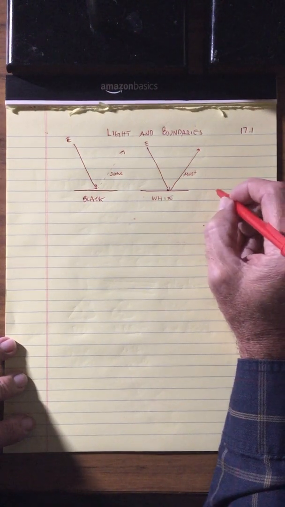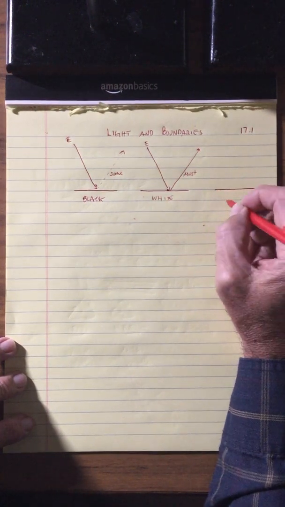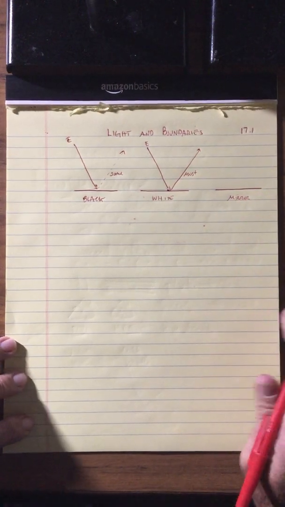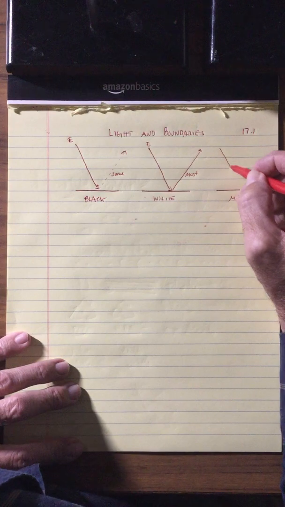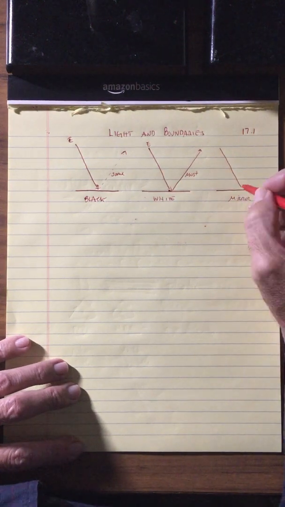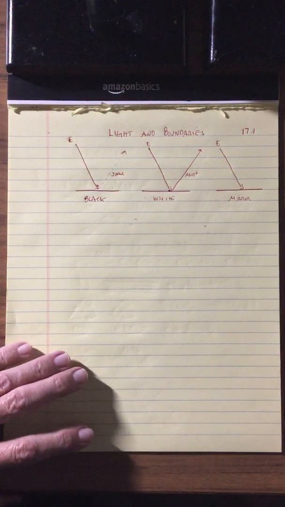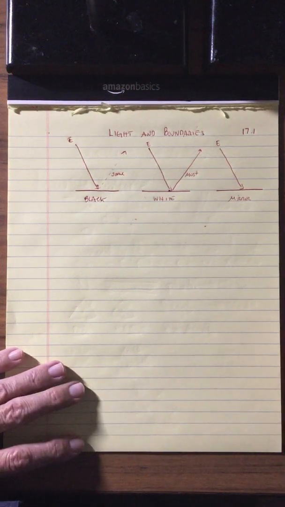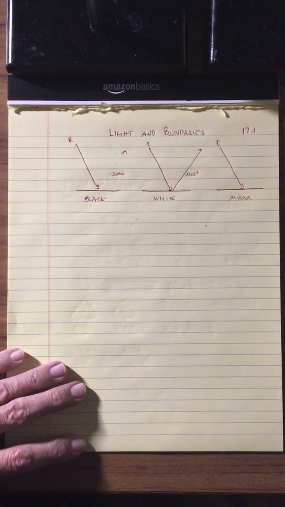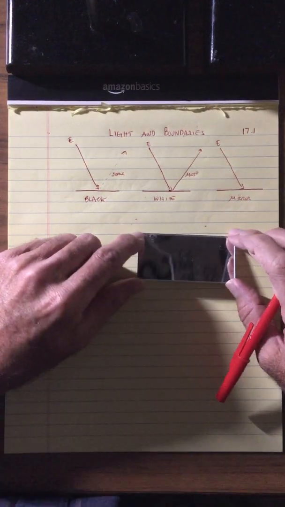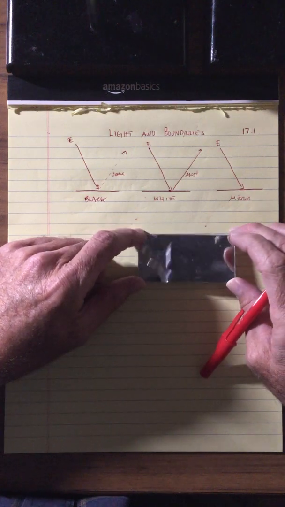Well, how about a mirror? If I have a mirror, what's going to happen here? The energy is going to come in. So here's the energy. Are we going to get 100% coming out? And the answer to that is no. So here's a mirror right here, and this mirror actually has silver molecules.